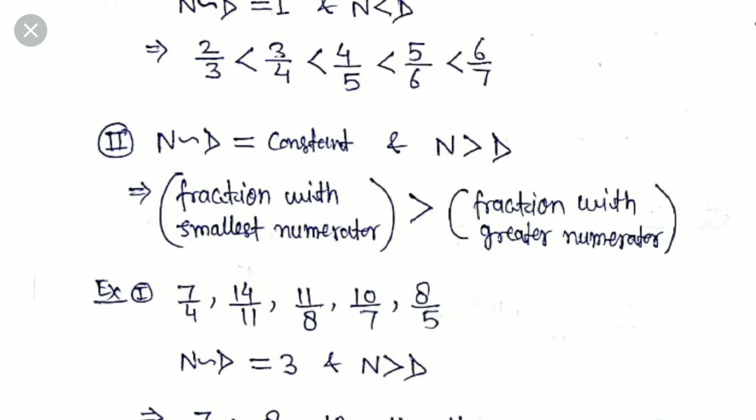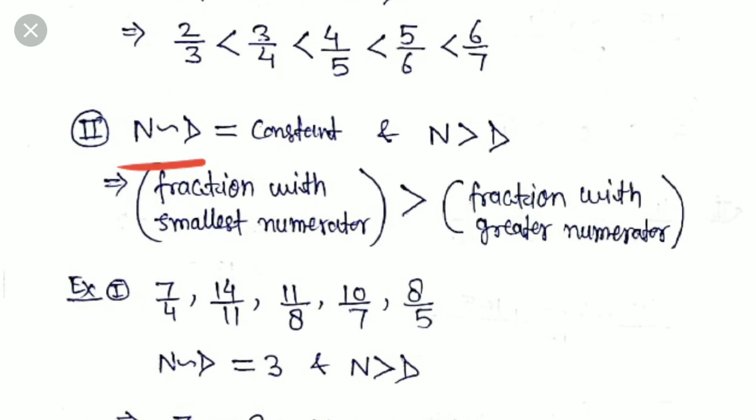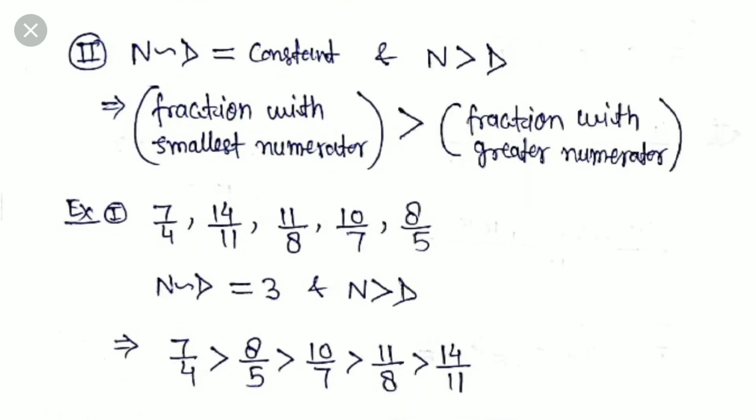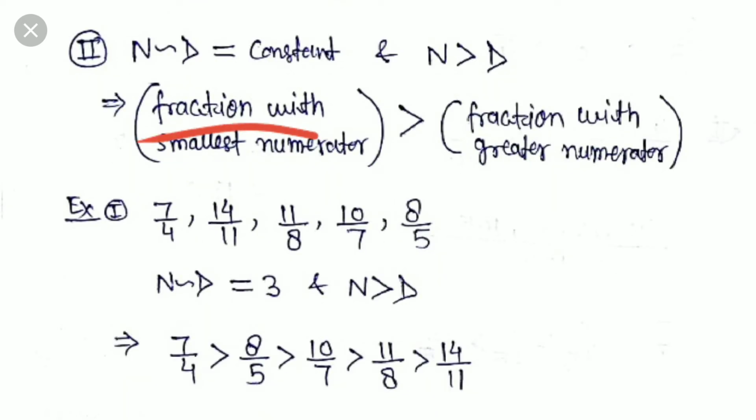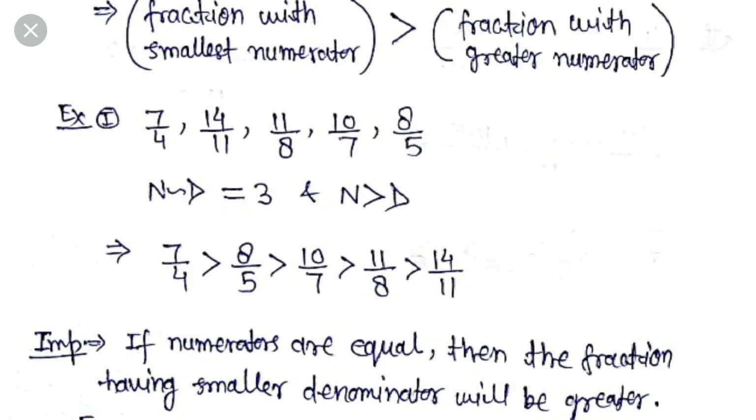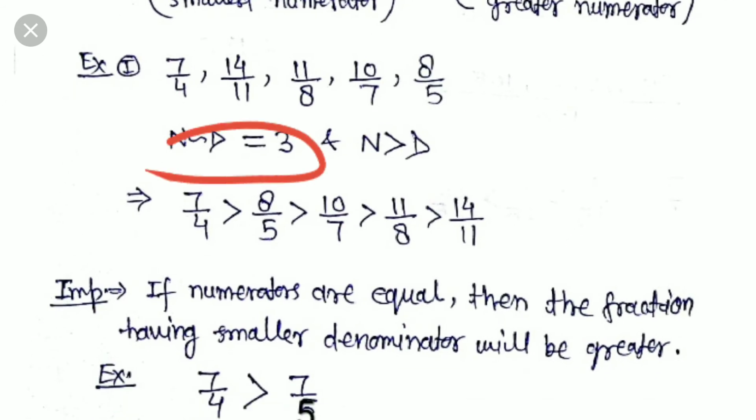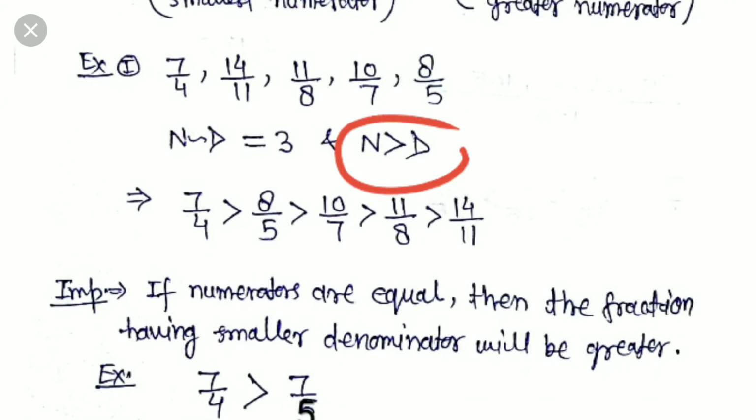Similarly for the second case, when the difference of numerator and denominator is fixed, but the numerator is greater than the denominator, at this time the fraction with the smallest numerator is greater than the fraction with the greater numerator. Write it here, that is 7 by 4, 11 by 8, 10 by 7, 8 by 5, 14 by 11. They all have the difference 3 and every numerator is greater than the denominator.